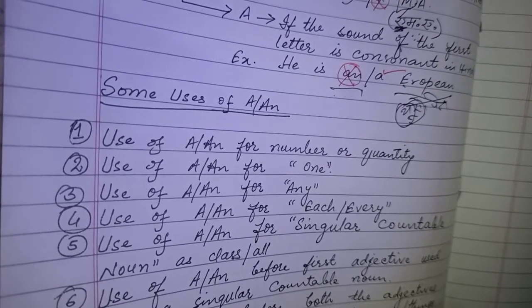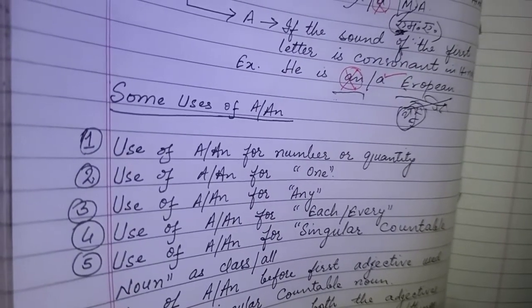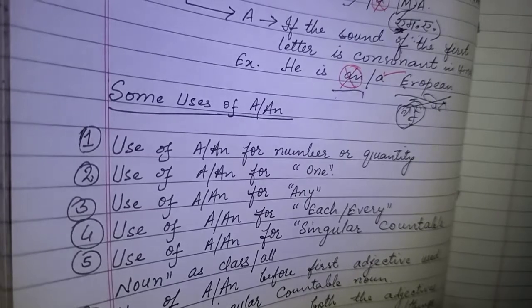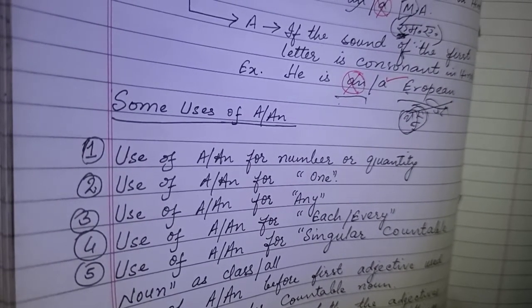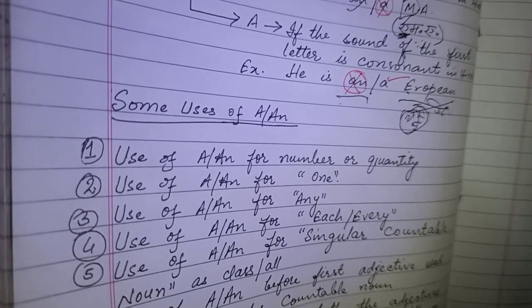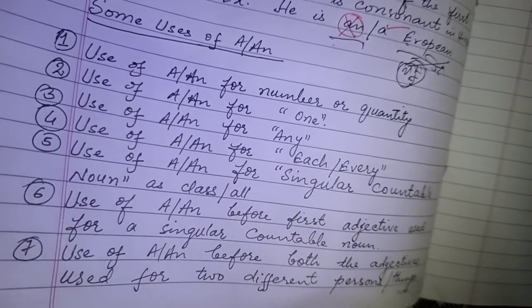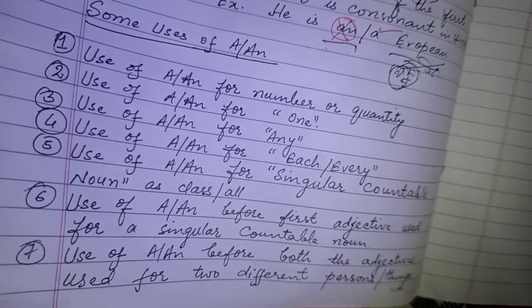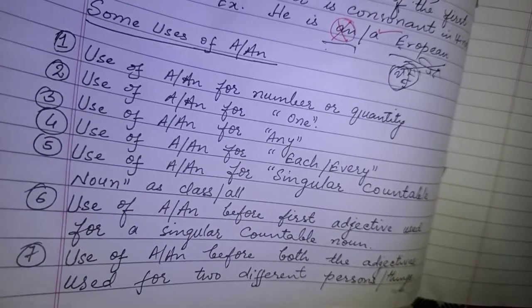So there are two adjectives, one is black, other is white. But it is expressing only one singular countable noun. That is, there is only one goat which is having two colors, black as well as white.